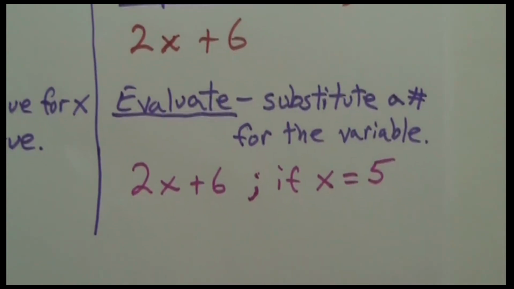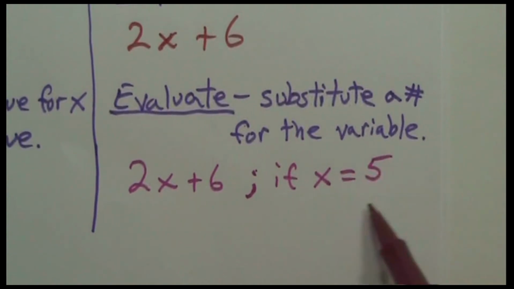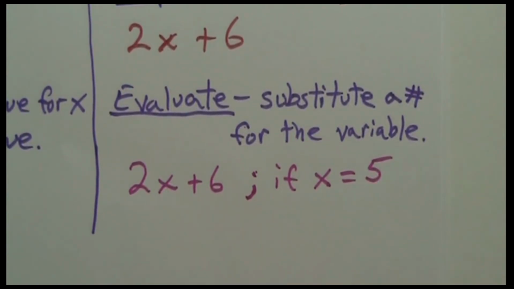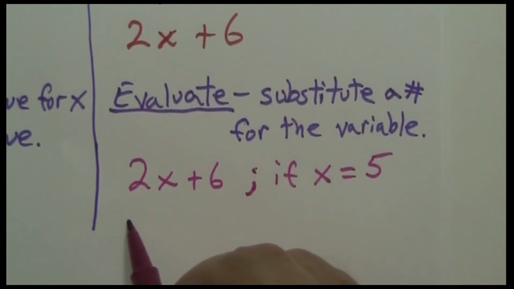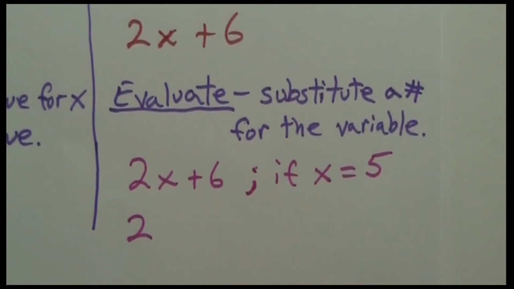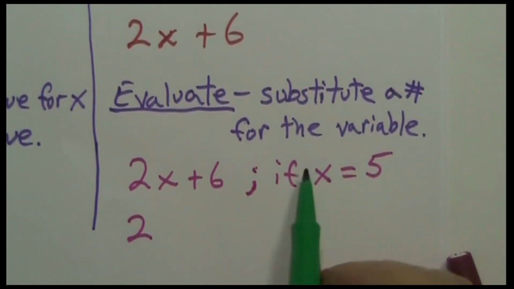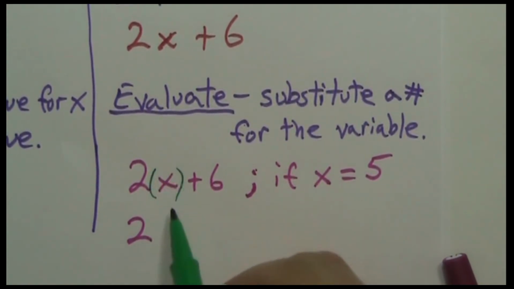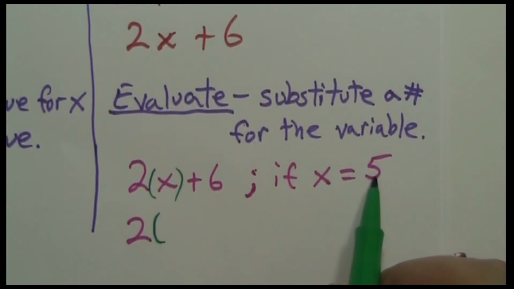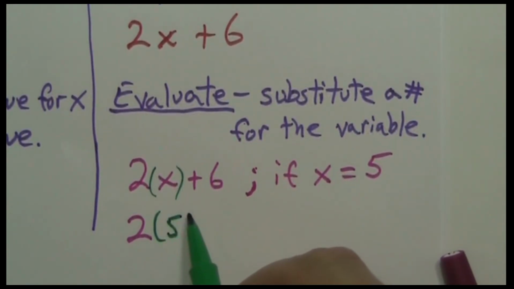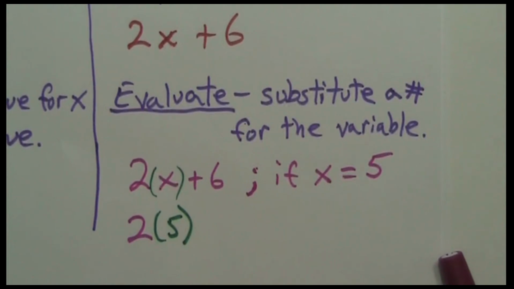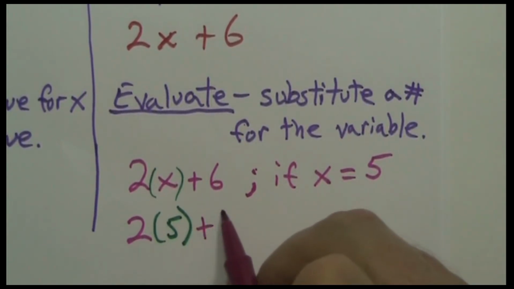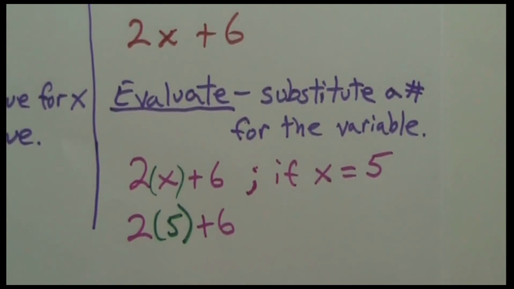Evaluate it. What does that mean? You take the number, plug it in there. So we have 2, and then this number right here, x is 5, you plug it in, you substitute it. And find that total.